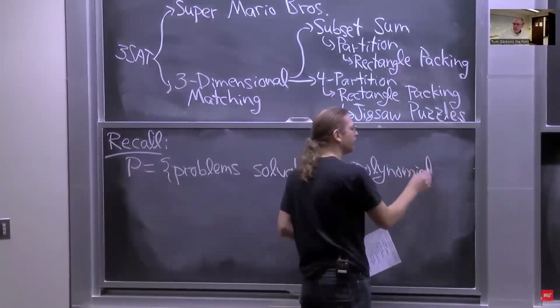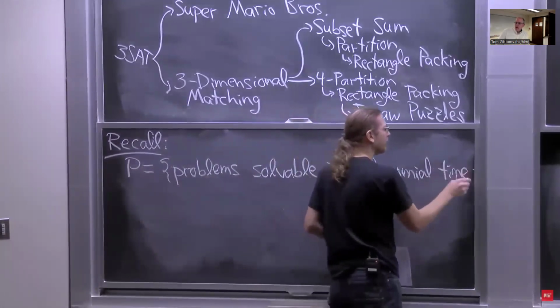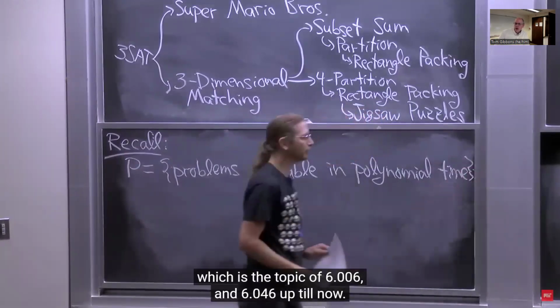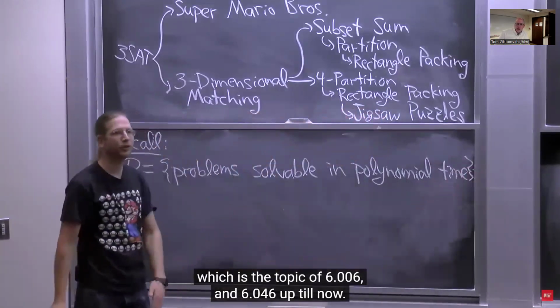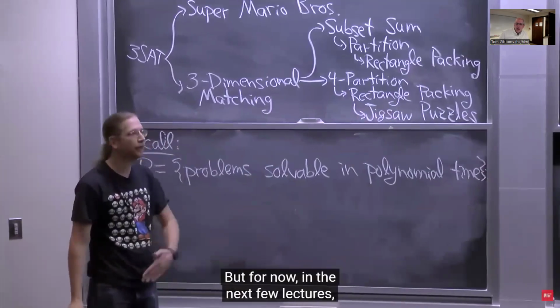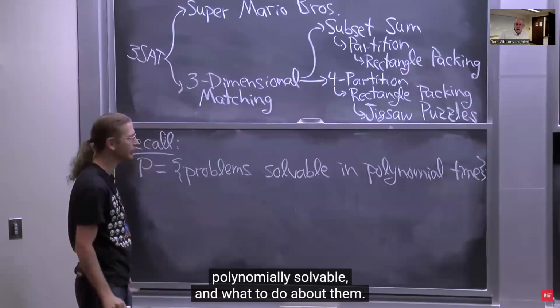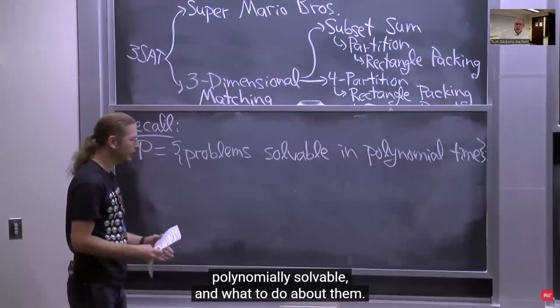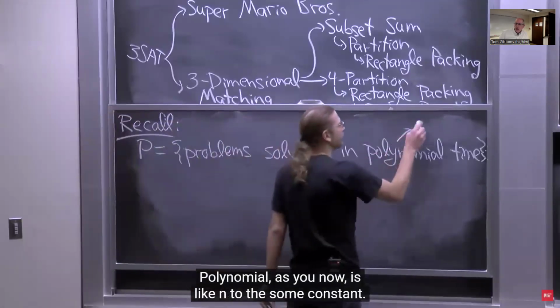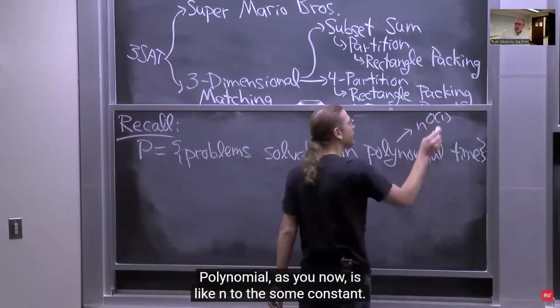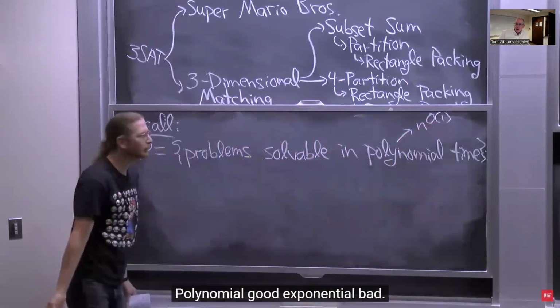It's pretty much the topic of 6.006 and 6.046 up till now, but for the next few lectures, we'll be talking about problems that are probably not polynomially solvable and what to do about them. Polynomial is like n to the constant: polynomial good, exponential bad.